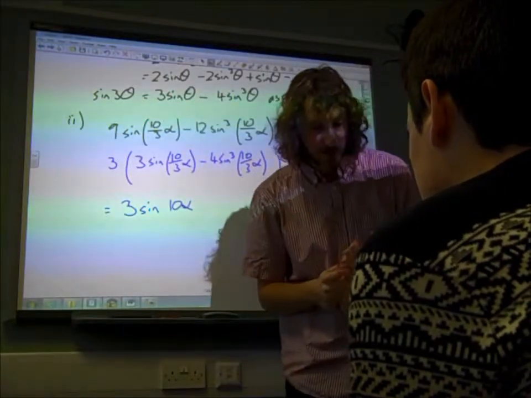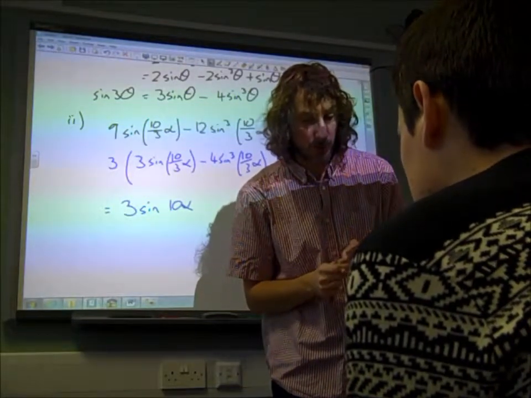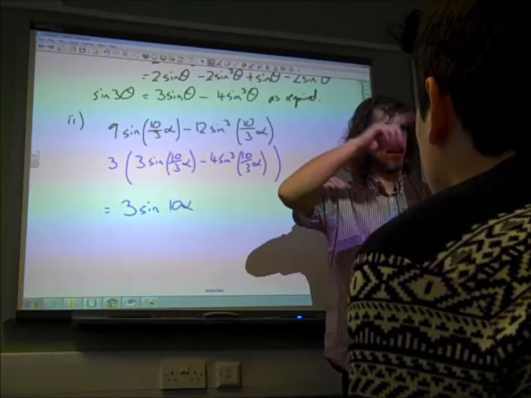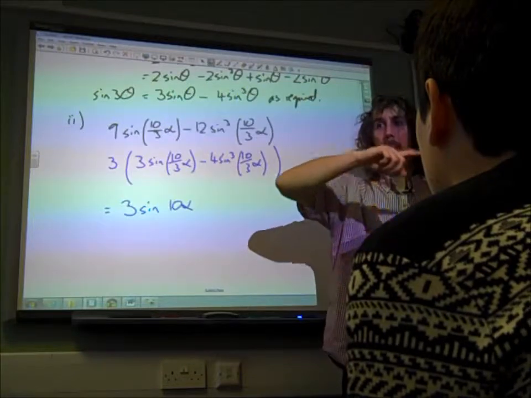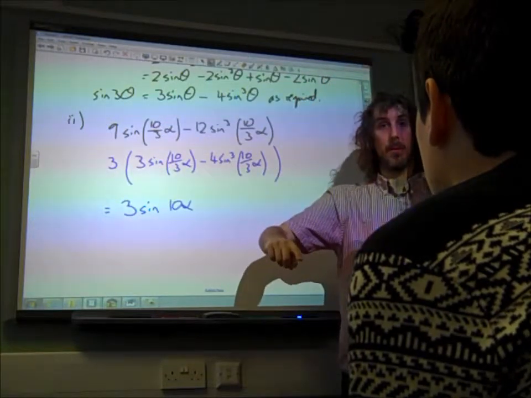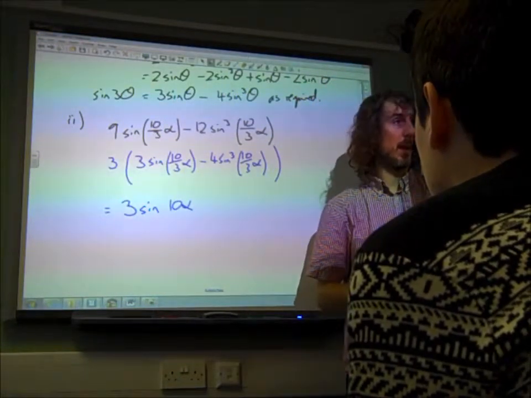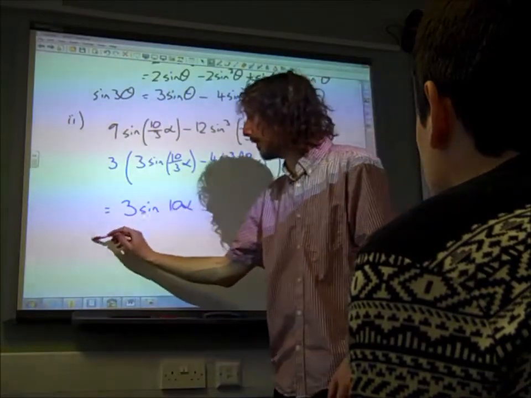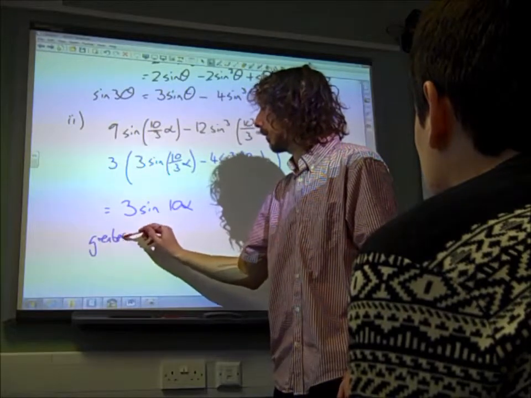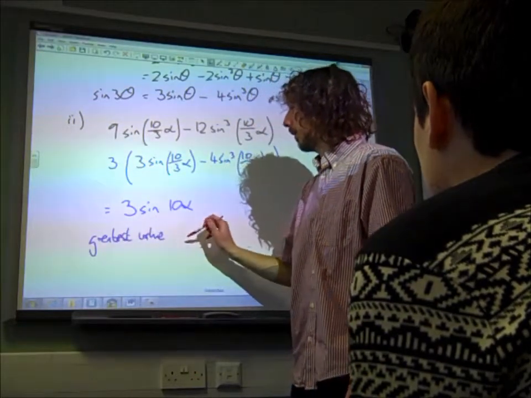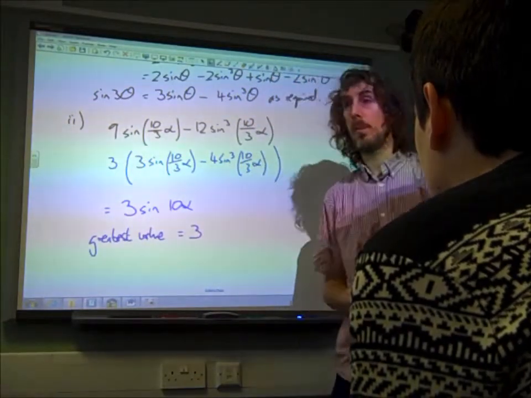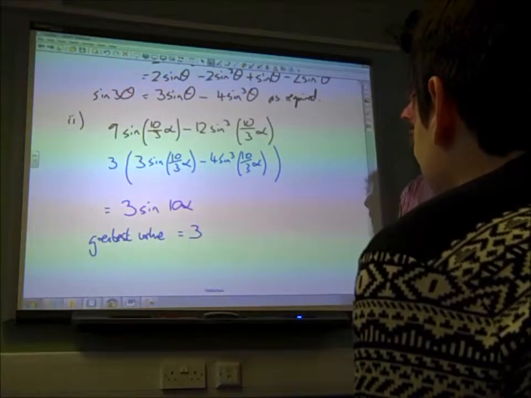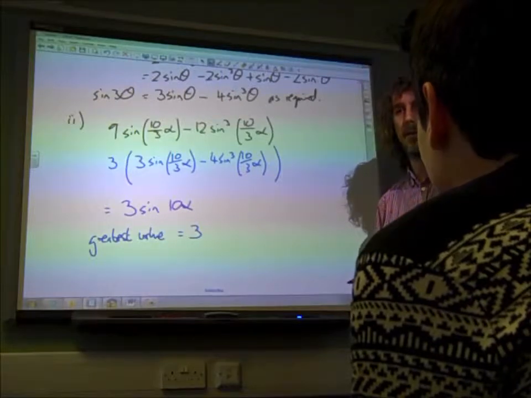Hence find the smallest possible value of alpha, the greatest possible value of this. Well, sine alpha goes up to plus 1 and down to minus 1, so 3 sine that would go between plus 3 and minus 3. So the greatest value would be 3. And hence find the smallest value of alpha for which that occurs.